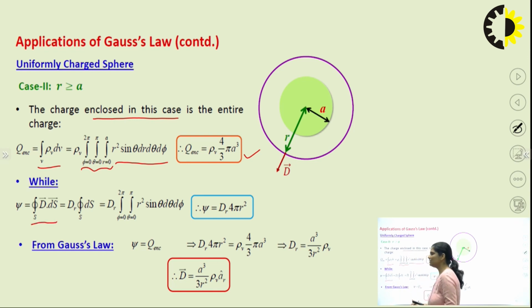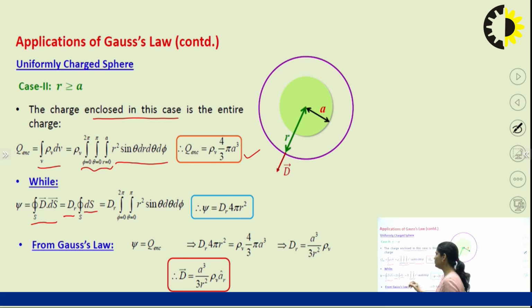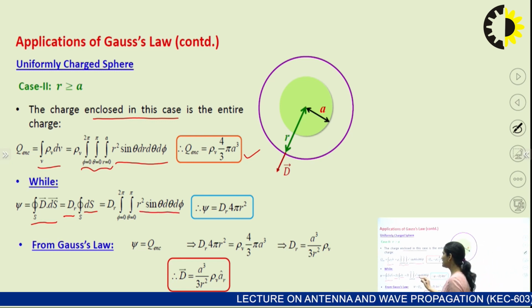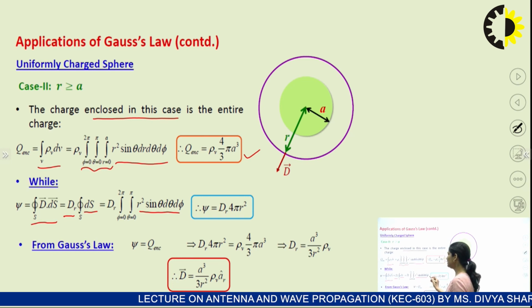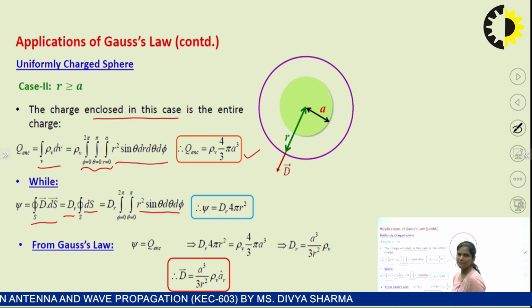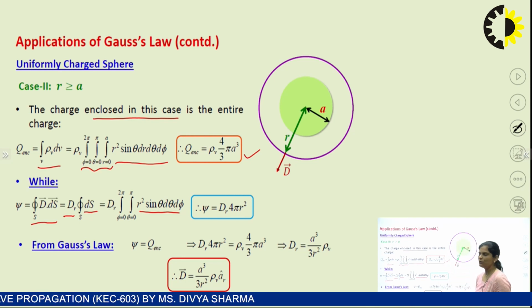The closed integral of D dot dS. So D you can take outside this integration, and write the value of dS according to this surface: r squared sin theta d theta d phi, with theta from 0 to pi and phi from 0 to 2 pi.